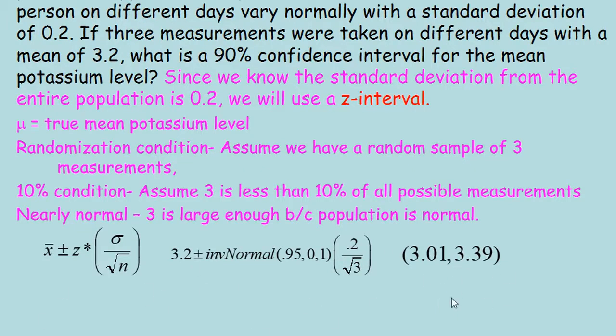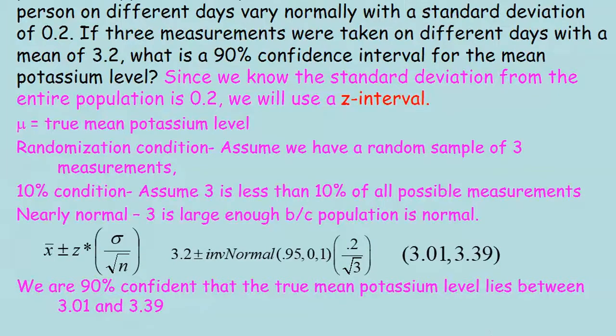Now you need to interpret it. So you would say something like, I am 90% confident that the true potassium level in the blood lies between 3.01 and 3.39. So that's how you would interpret it.